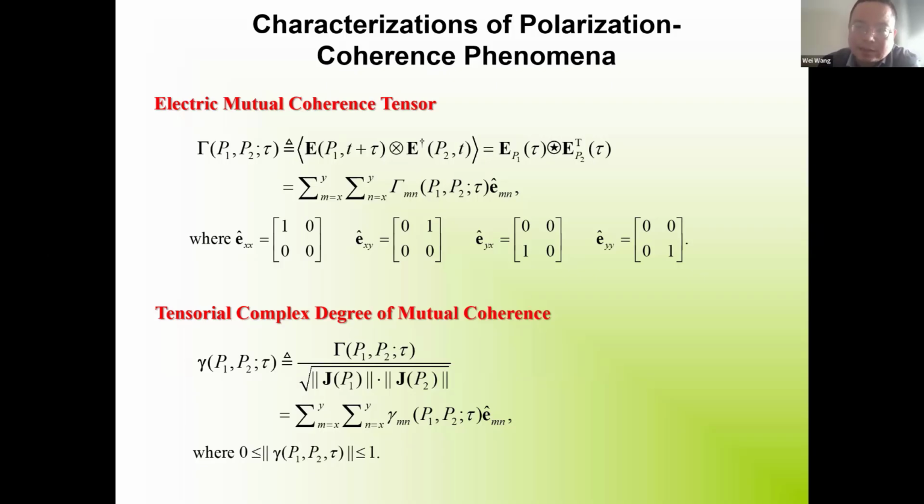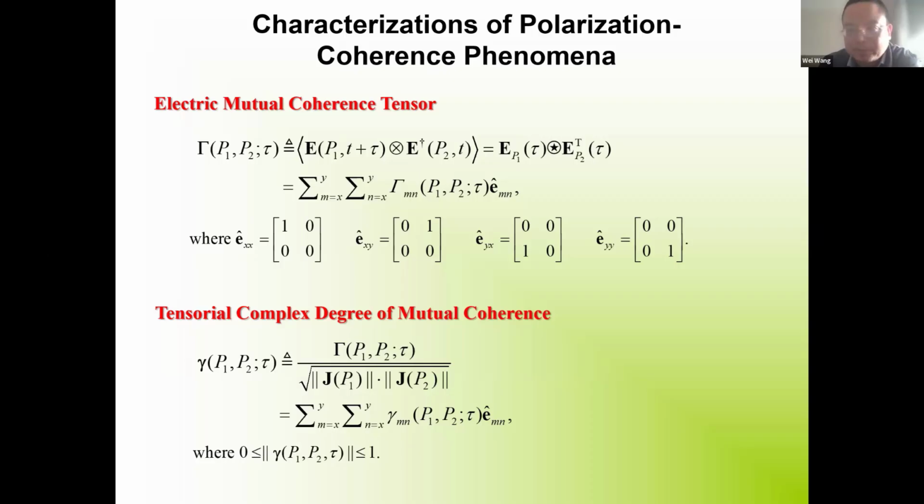These four orthogonal basis vectors provide the direction of this tensor, and for the magnitude of this matrix, we use the Frobenius norm to represent the magnitude or length of this tensor.